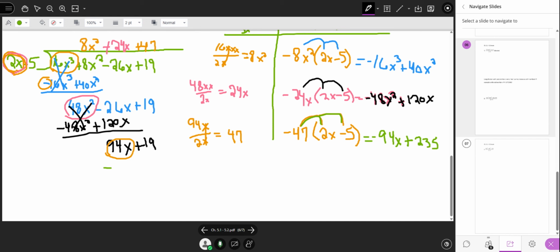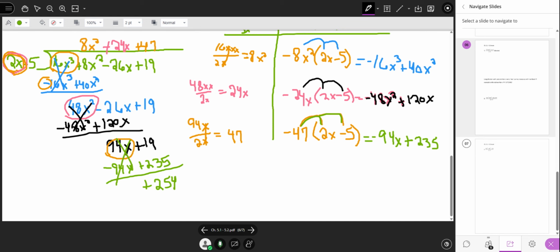Bring that over here. This is our last time. Choppa choppa. Add those together and we get 254.